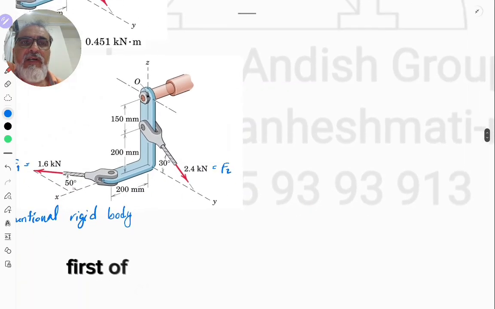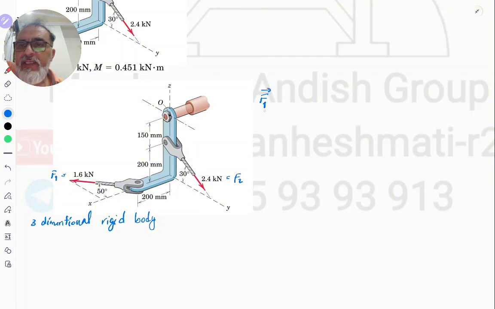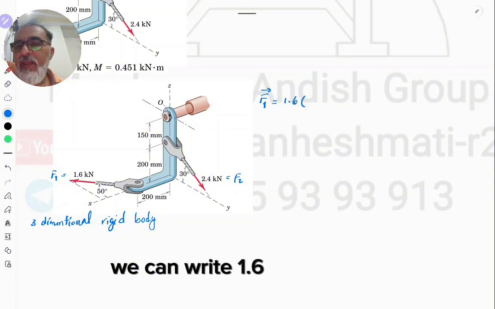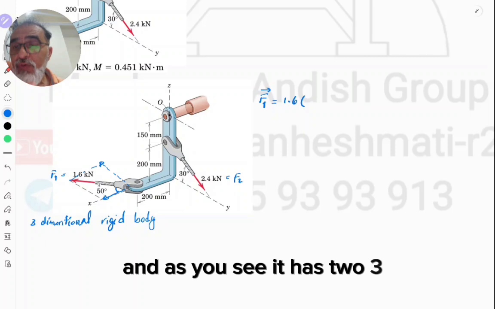So first of all I try to write these two forces as algebraic forces. I mean, we can write 1.6 multiplied by... Here you can find two components of F1, and as you see it has two components.